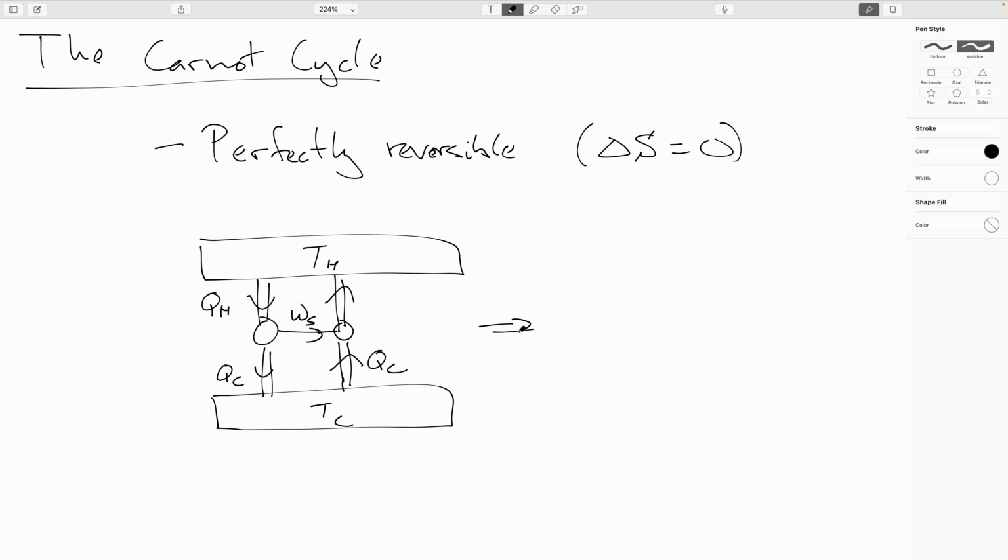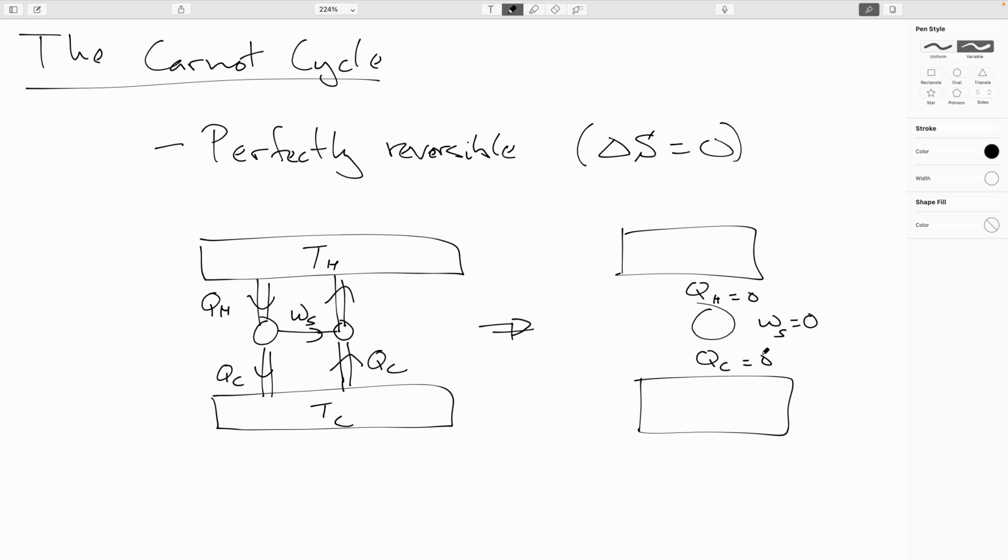So all of this would net out to be as if I didn't have any heat flows at all. So Q hot would be 0. My work that I would get out of this would be 0. And Q cold would be 0. So that is a corollary of our perfectly reversible heat engine.